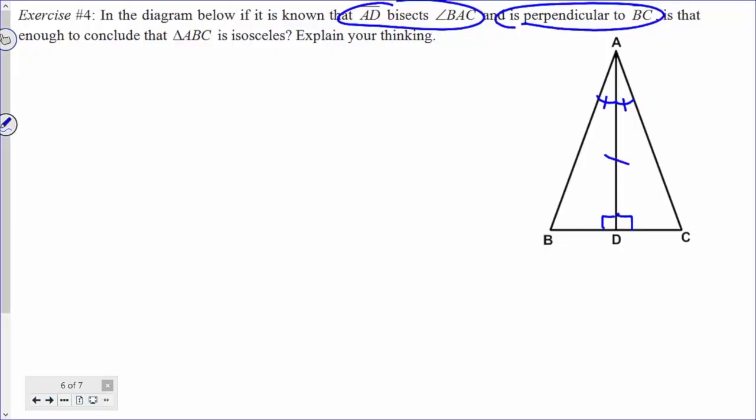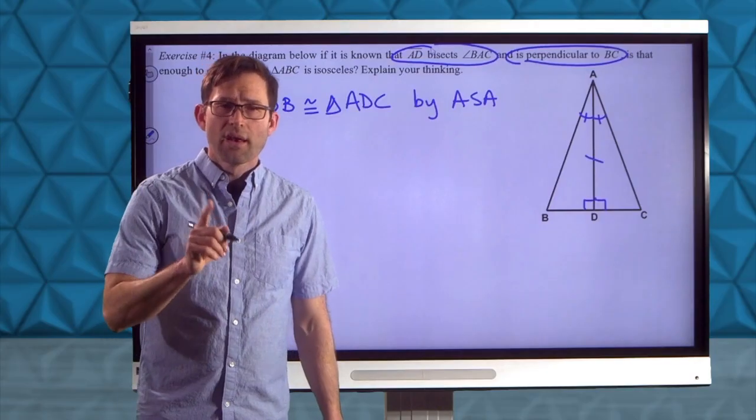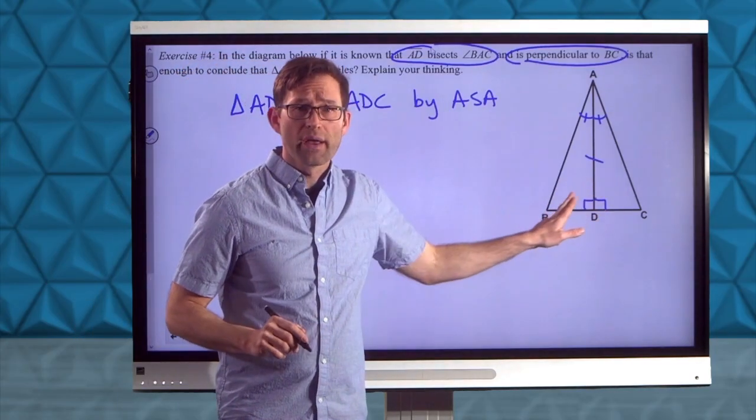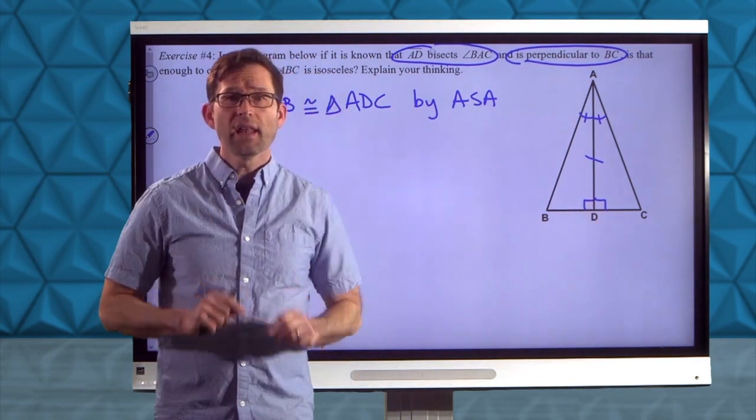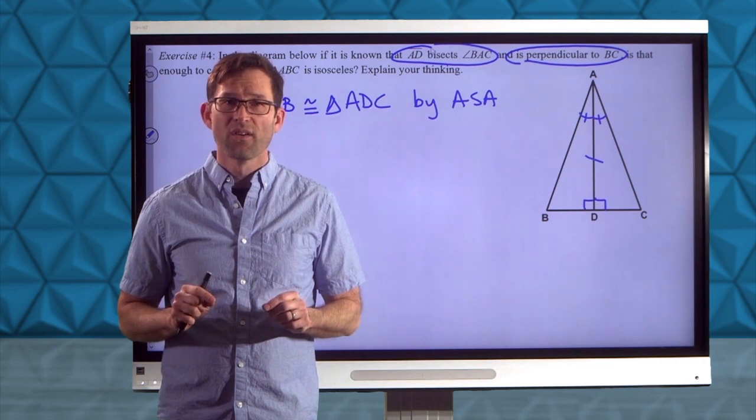So right now, I could say that triangle ADB is congruent to triangle ADC by, whoops, no, not by side angle side, but by angle side angle. All right? Now, if these two triangles are identical, then any two parts of them that correspond are also identical.